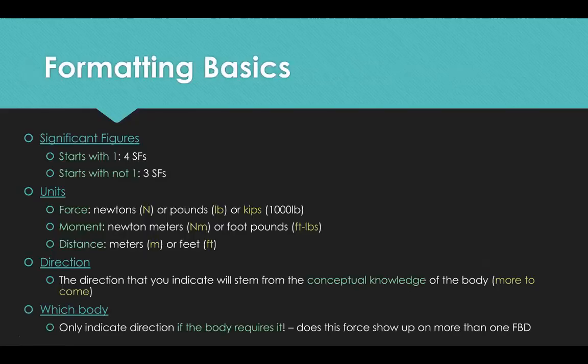This, I think, corresponds to the last section in the guided notes for whoever's using it. What should all your answers look like? So some basic information. Significant figures. For numbers that start with 1, you use 4 significant figures, and for numbers that don't start with 1, you use 3. This rule should only be used in your final answer.